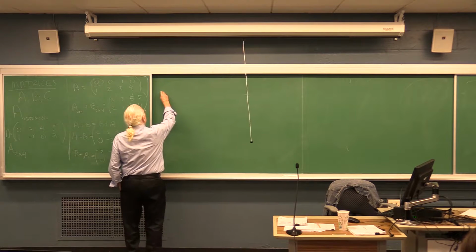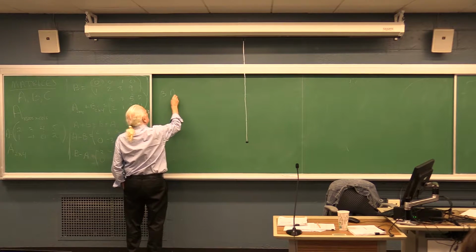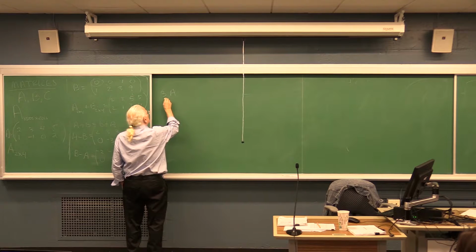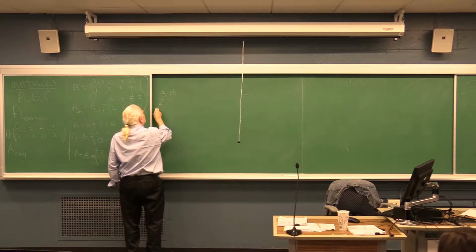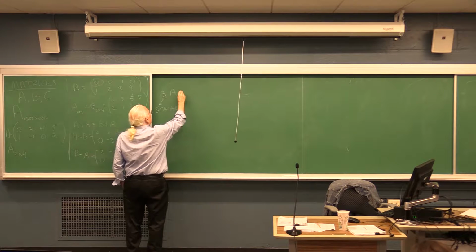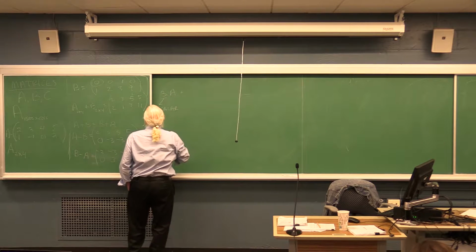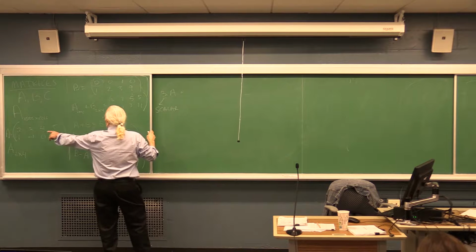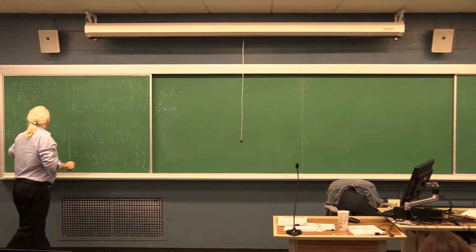I can also do 3 times A, multiplying by a constant. This is called a scalar. So 3 times A, you multiply everything by 3.